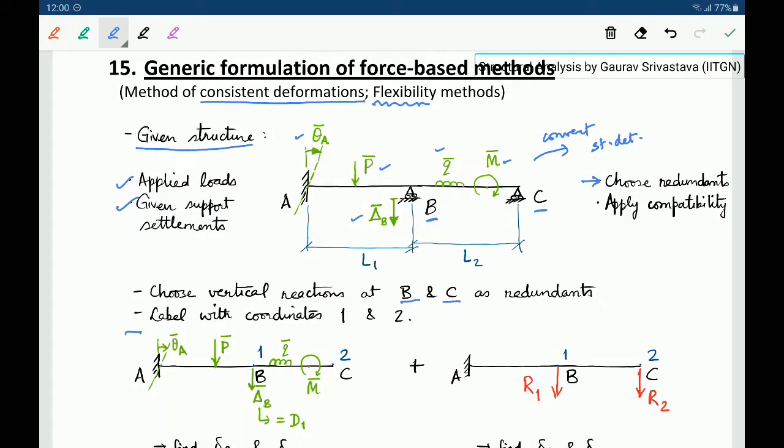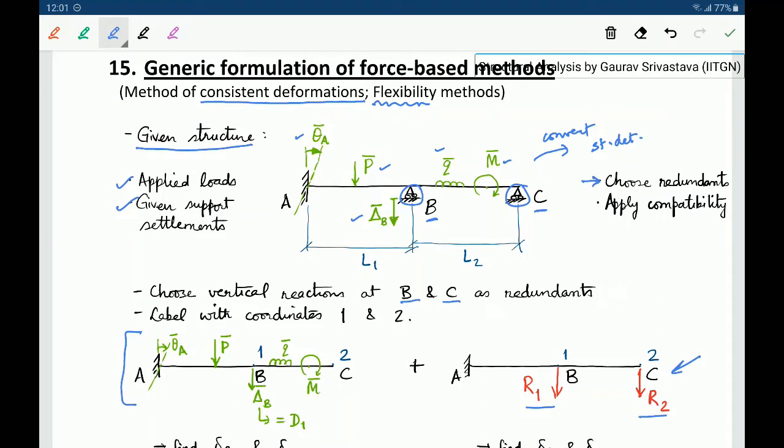We will remove these two supports at B and C, and this will reveal two forces, R1 and R2. These are the reaction forces at B and C. We have assumed a downward direction here, but of course, in case it comes out negative, it will be acting upwards. So these two reaction forces at B and C are the redundants in this case.